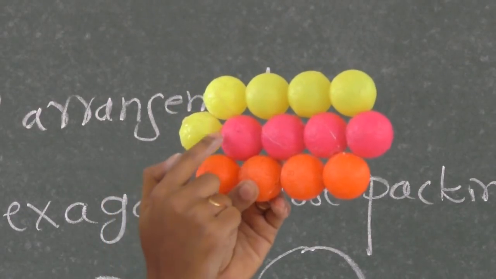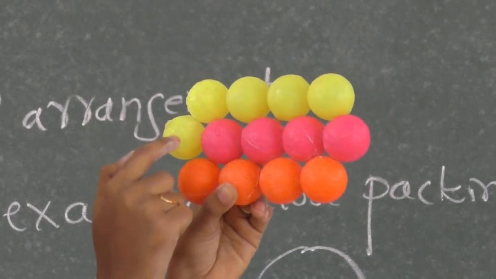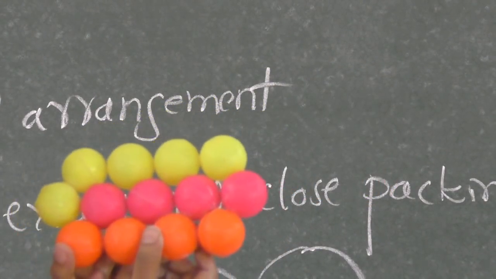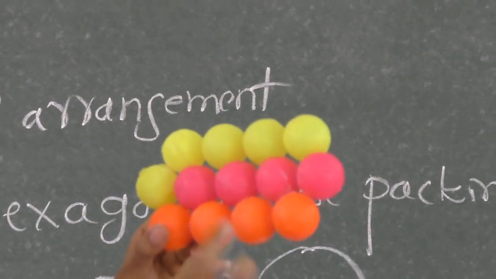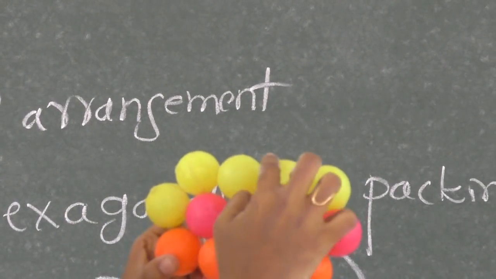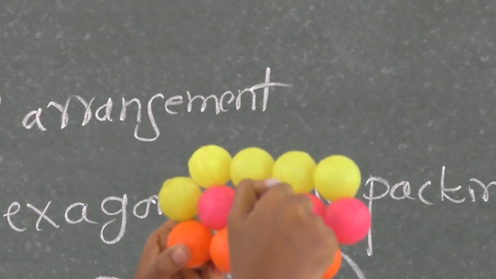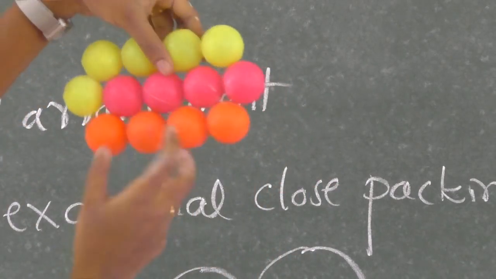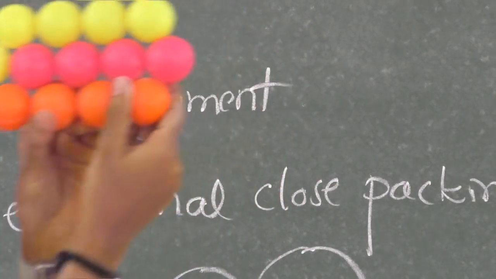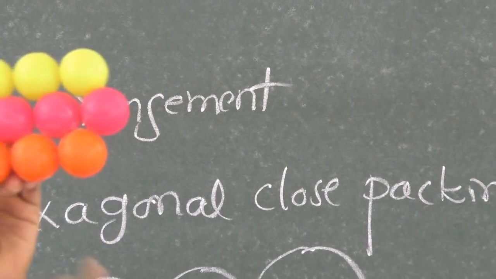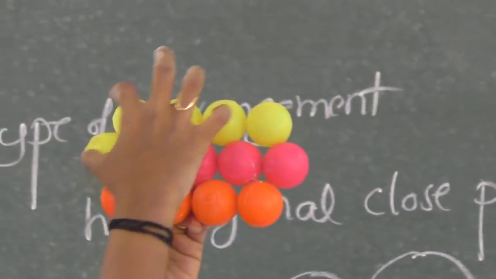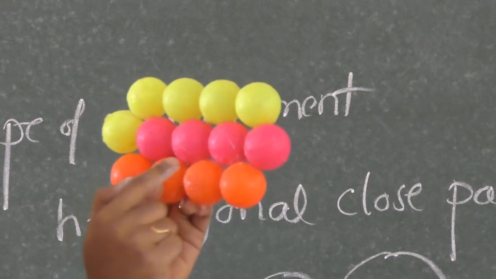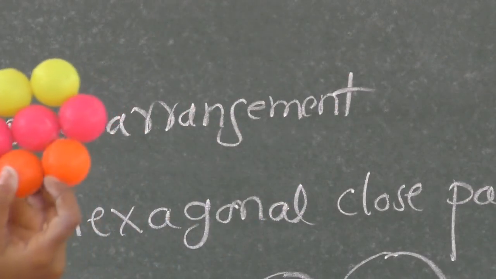Hence, this AB type of arrangement in 2 dimensions, we can also call hexagonal close packing, where the coordination number of the particle is 6, because it will be in contact with the 6 neighboring particles. Clear? Now, you can also see here, within the spheres, some empty spaces. What we have studied in solids is that the constituent particles are orderly arranged, but even then we can find some empty spaces in between the constituent particles.